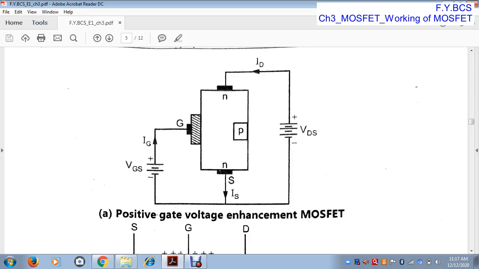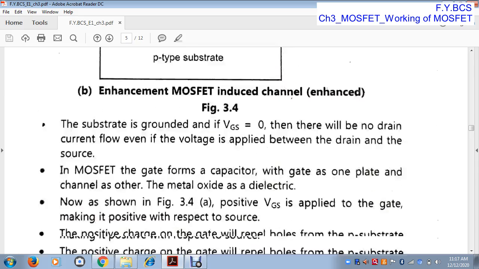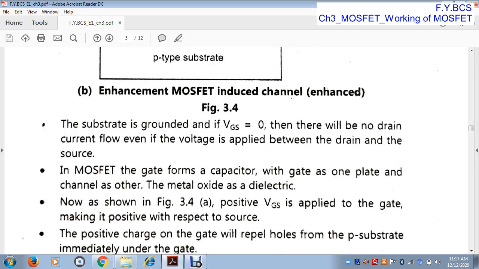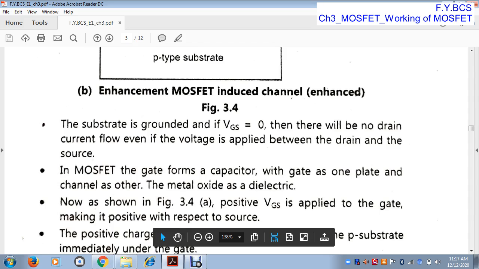The drain current flows only when the gate voltage is positive. There must be some value of gate voltage, and then and only then does the drain current flow. So when the substrate is ground and VGS is 0, there will be no drain current flow even if we apply the drain to source voltage.